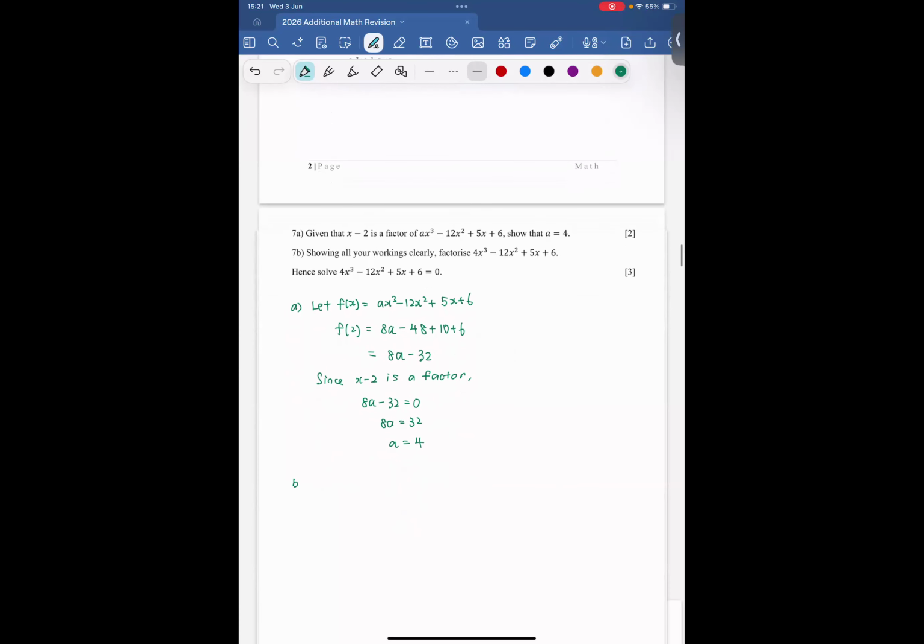Okay, 7B. By showing your working clearly, factorize this. So now we put 4 inside first. Oh, it's there already. Okay. So now we know that one of the factors is x minus 2. How do I find the other factor? We do long division.